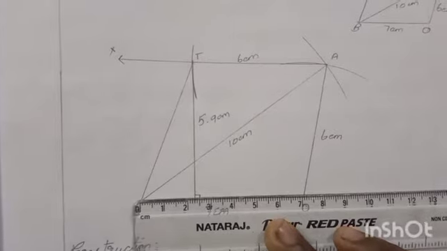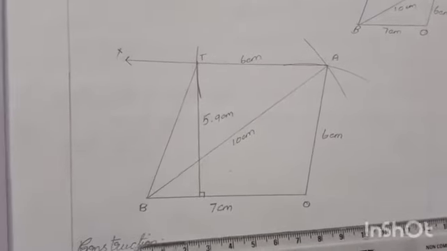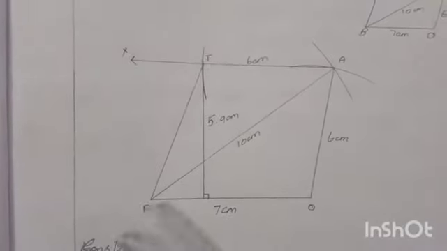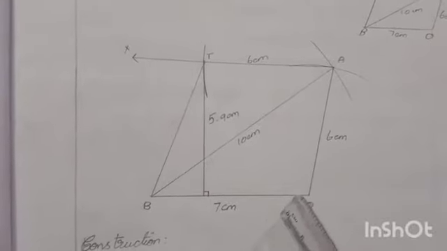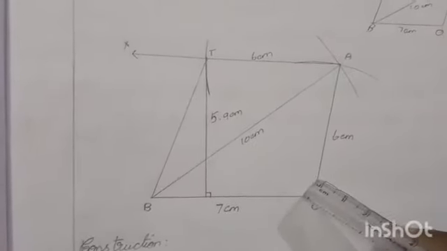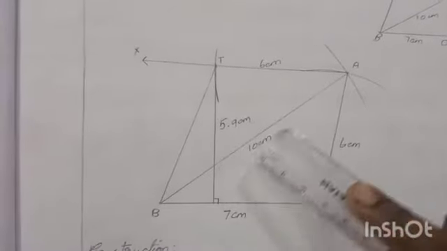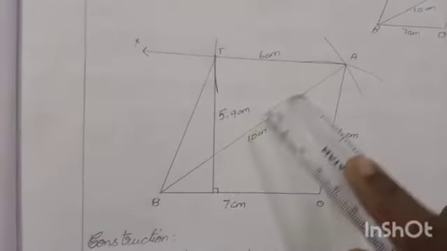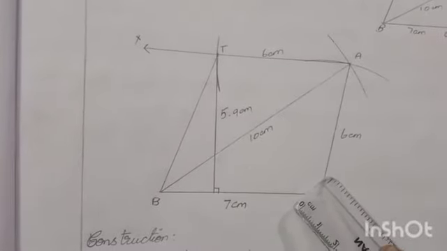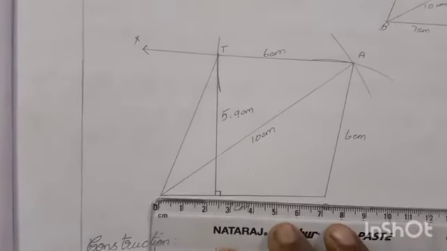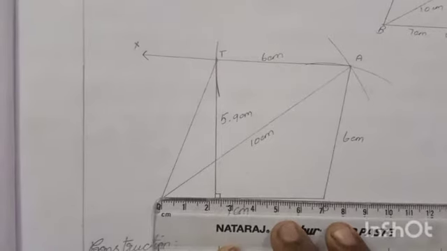Then with B and O as centers, draw arcs of radius 6 cm and 10 cm. First you have to construct one triangle. How do you construct this triangle? First draw BO equal to 7 cm.